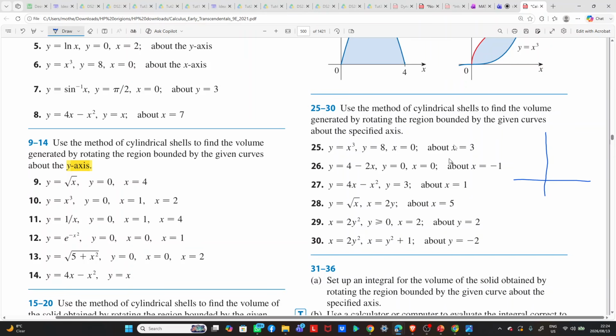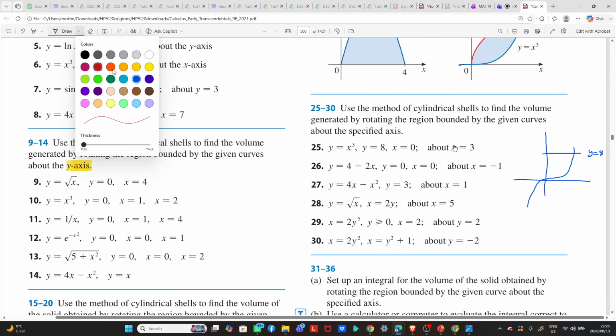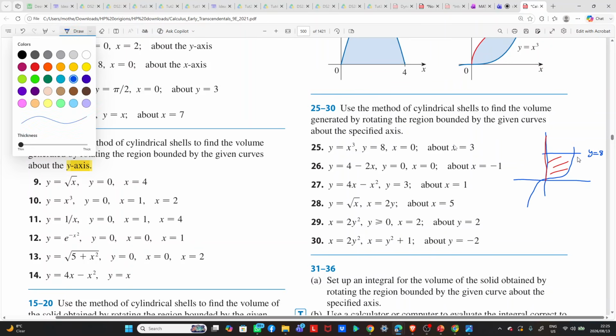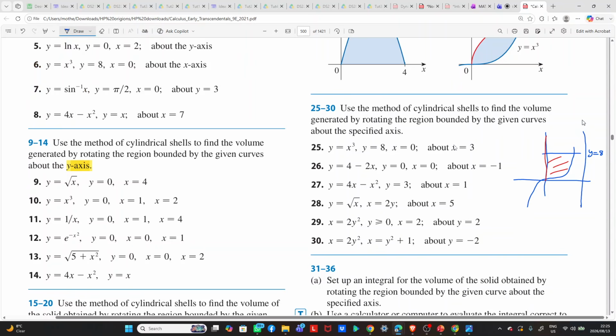So we have this function, and we need the line y equals 8, and the line x equals 0, which you can say is here on the axis like that. So the region that we are looking at is this one, and we are going to rotate about the line x equals 3.